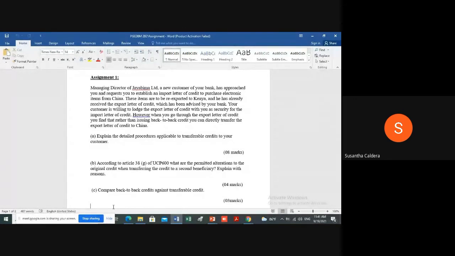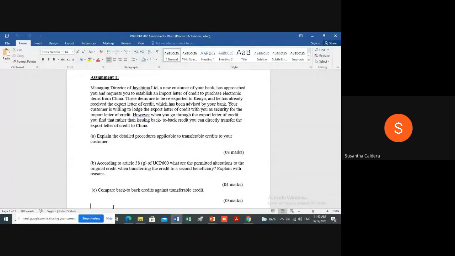I told you the back to back banks are very, very reluctant, but that is not a good security. Right? However, when you go through the export letter of credit, you find that rather than issuing back to back, you can directly transfer the export letter of credit to China. Right? Then it is a different thing.